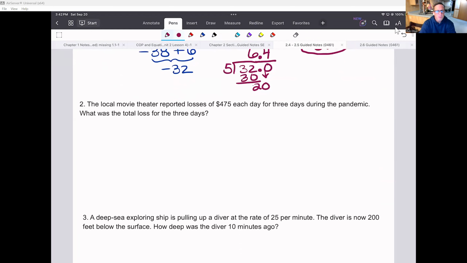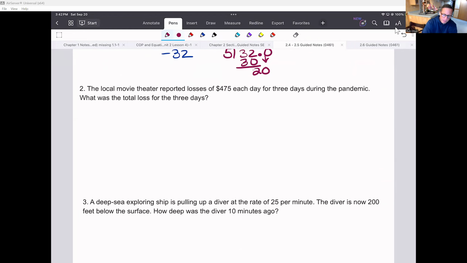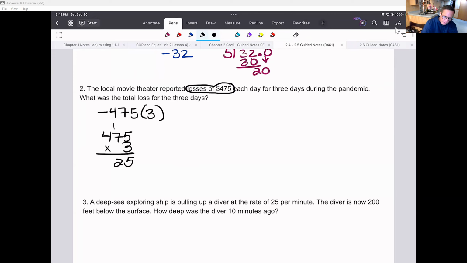All right. The local movie theater reported losses of $475 each day for 3 days during the pandemic. What was their total loss? Well, we're just going to multiply that by 3. It's important to note here that if that's a loss, we have to think of that as a negative. So it's really negative $475 times 3 days. 5 times 3 is 15. 21 plus 1 is 22.